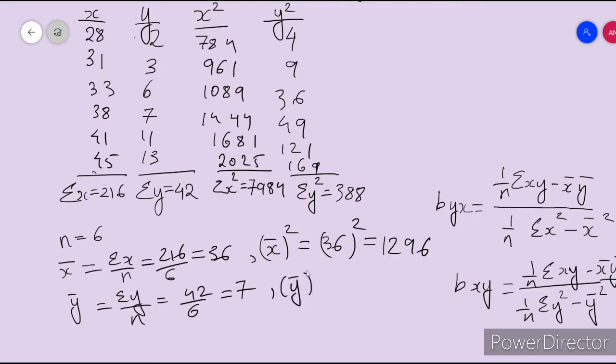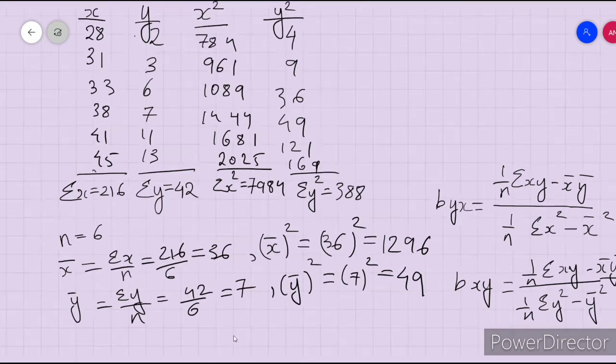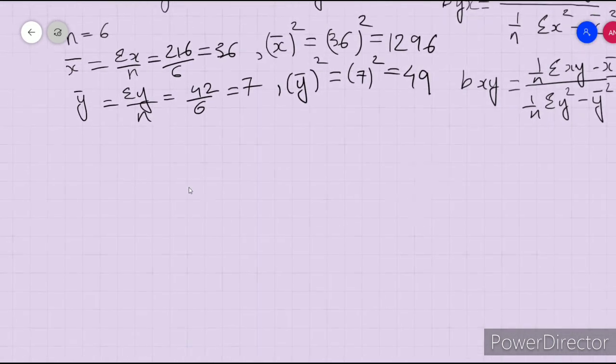The square of the arithmetic mean of y, which is 7 squared, is easy, it's 49. So we know the values, and now we can simply substitute these values in the regression coefficient formula and proceed to find the equations.